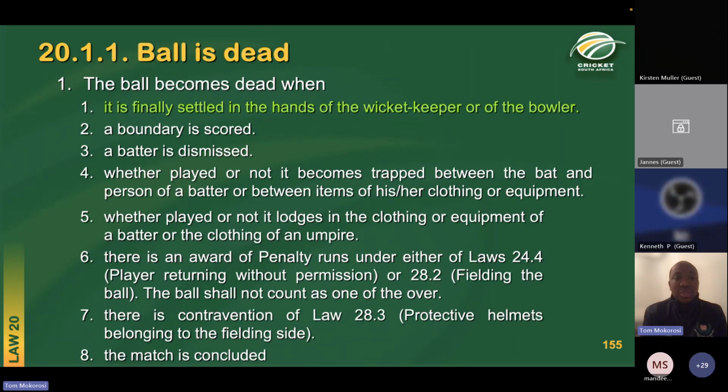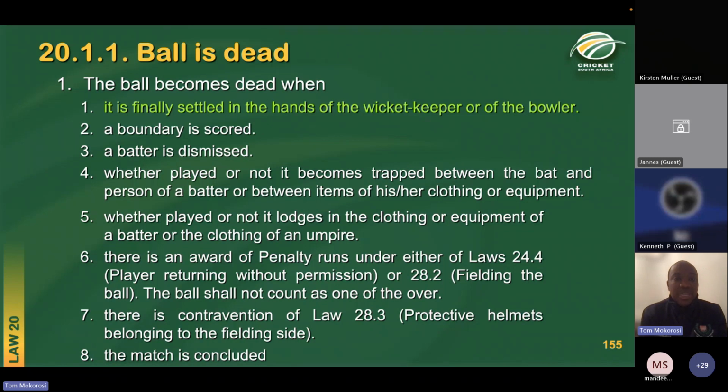That would be not out. Why? Because the ball becomes dead as soon as it is trapped between the bat and person of a batter or between items of his or her clothing or equipment and their person.